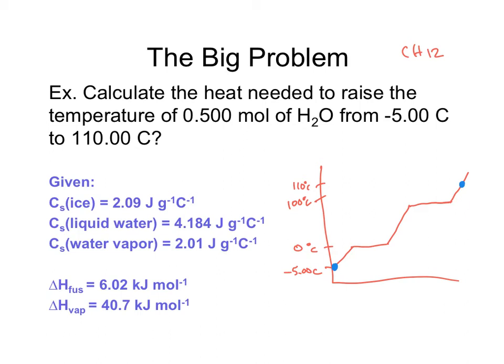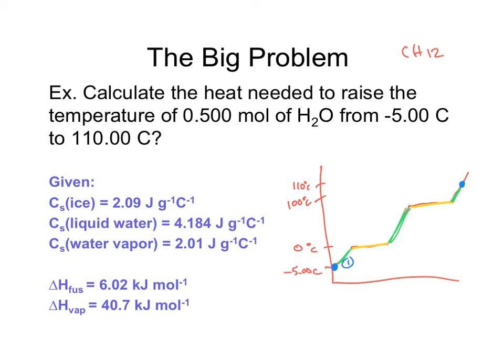And we can look at the heating of the solid, the heating of the liquid, the heating of the vapor using Q equals mc delta T. Then we can look at the phase transitions for this one, solid to liquid, and this one, liquid to vapor. And you can think of this in steps.